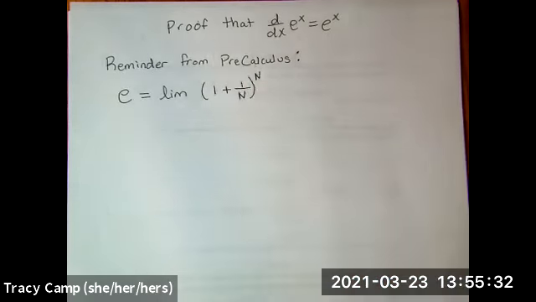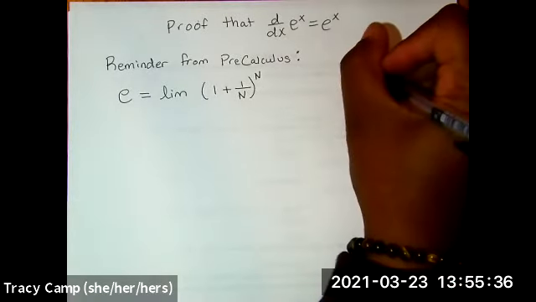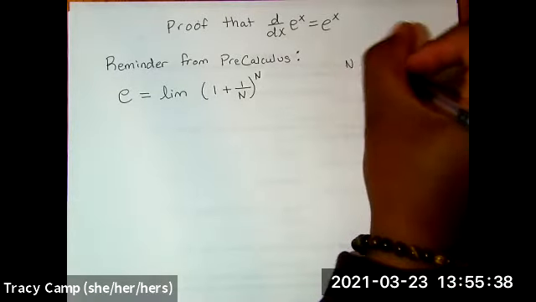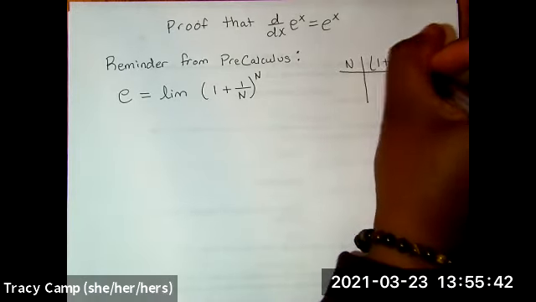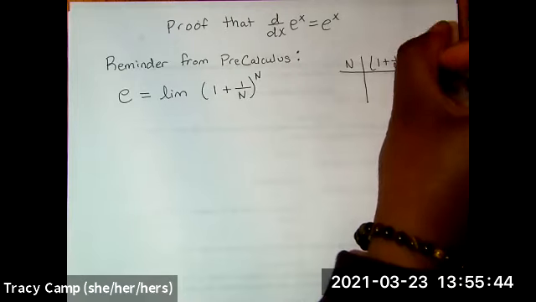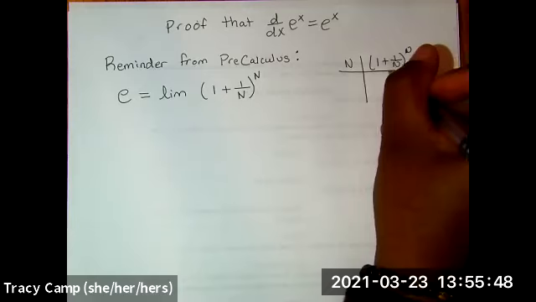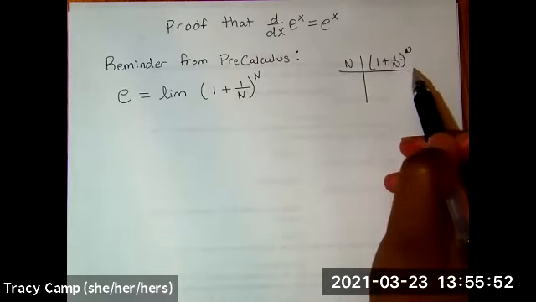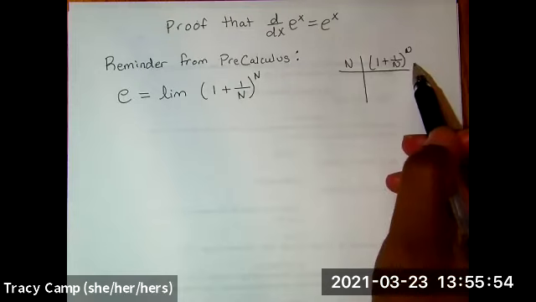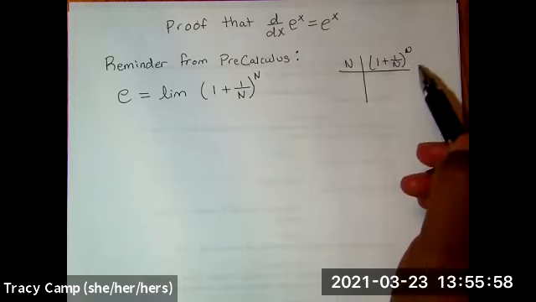In pre-calculus, maybe you spend some time plugging in larger and larger values of n into this expression, 1 plus 1 over n raised to the power of n. This expression gets used for compound exponential growth.